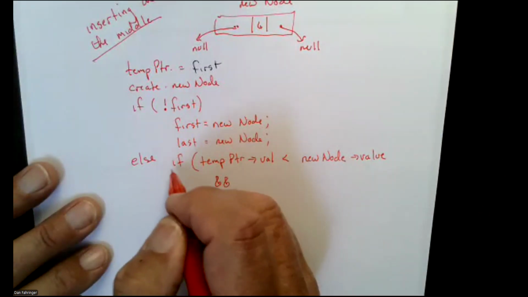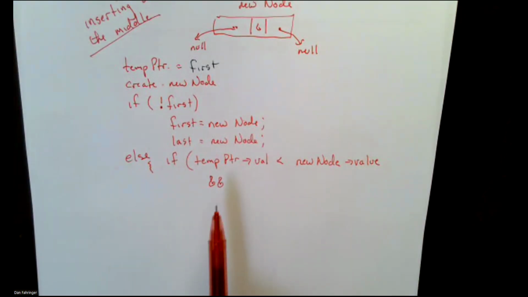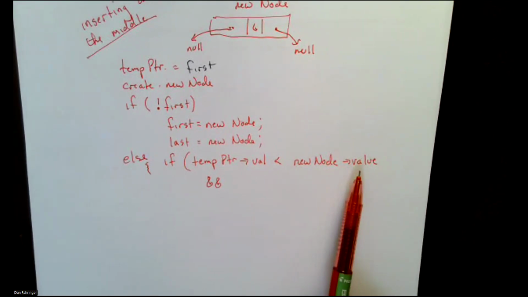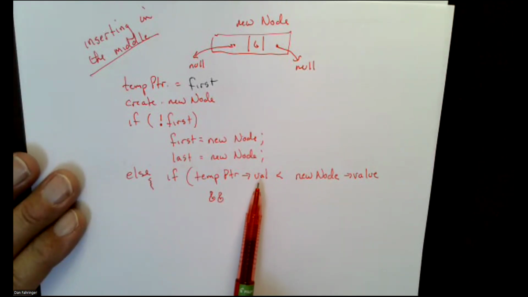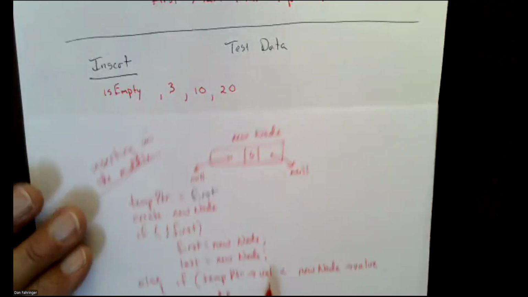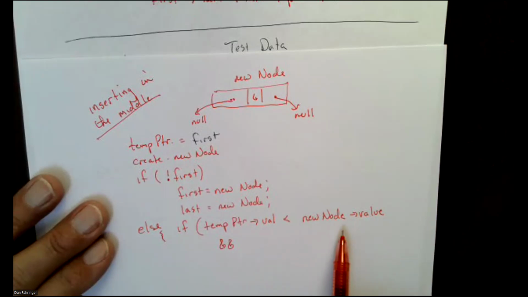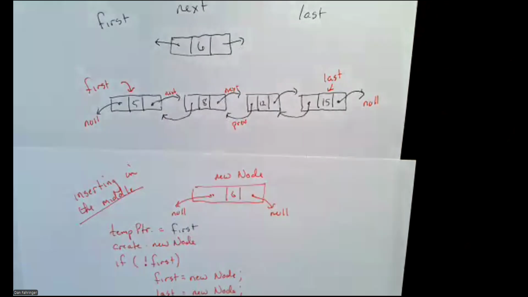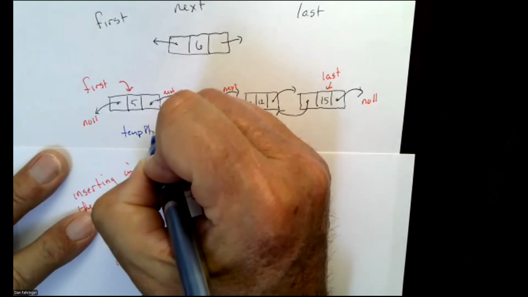So this really is a separate block. If temp pointer's value is less than new node's value, excuse me, that shouldn't be less than, should it? Right now temp pointer's pointing to the first one. Here's temp pointer, it's just at this location.